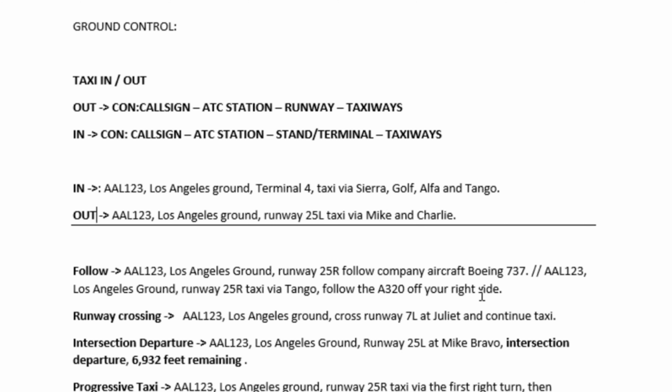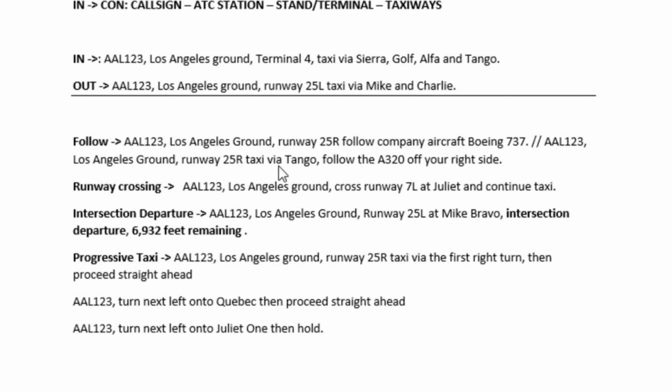That's pretty simple. Let's start here with follow. If you want the aircraft to follow the company aircraft ahead or whatever, you just say America 123, Los Angeles ground, runway 25 right, follow the company aircraft Boeing 737.